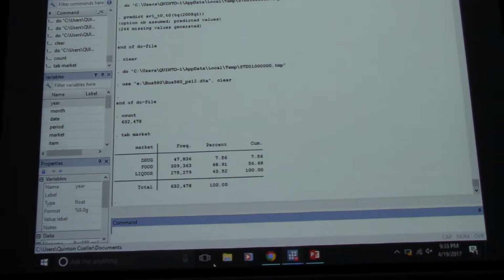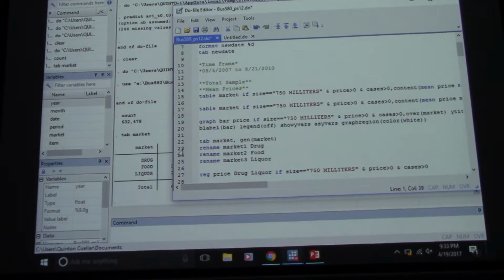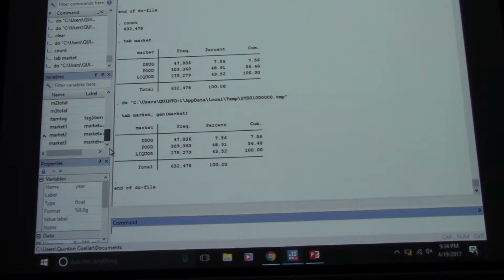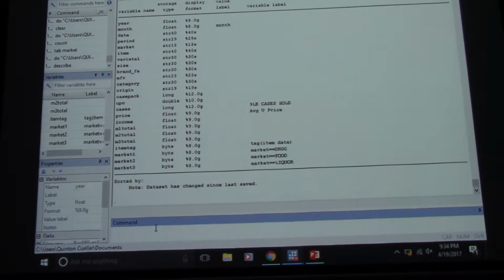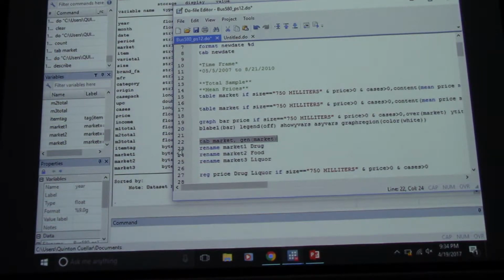So basically what I did was I used tab gen on market, which creates 3 variables. Market 1 is drug, market 2 is food, market 3 is liquor. And then I just renamed those food, drug, and liquor.